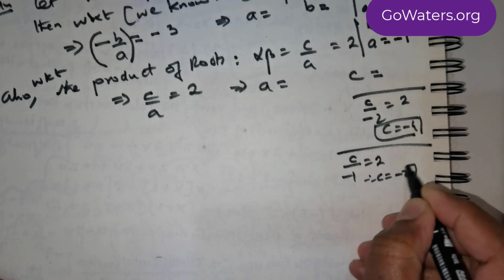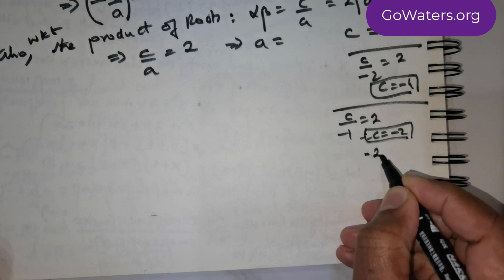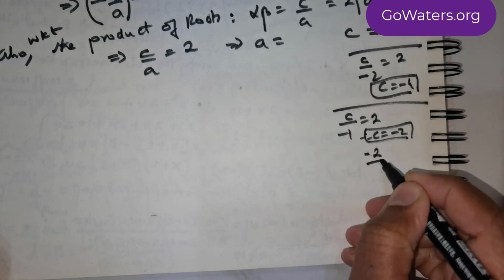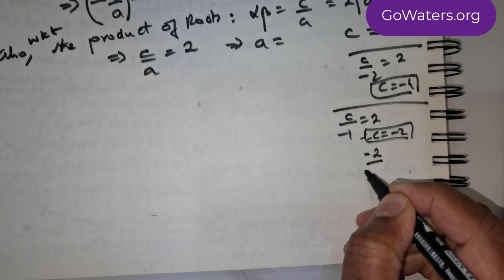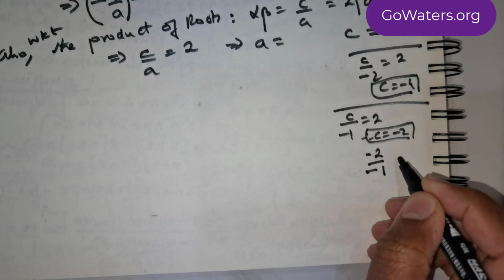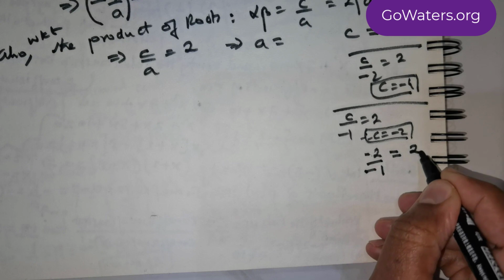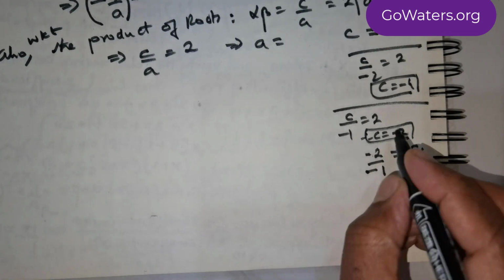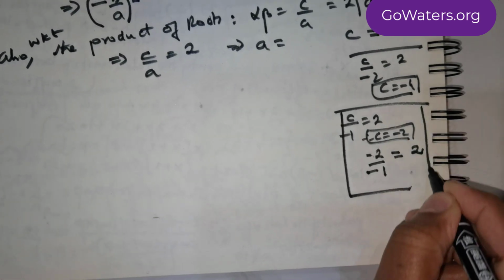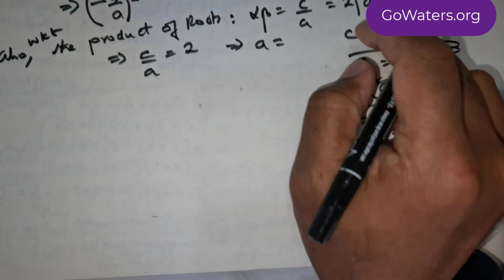Therefore c is equal to -2. Now if c is equal to -2 and my a is equal to -1, then of course I'm getting a value of 2 here. So this can be okay, right?